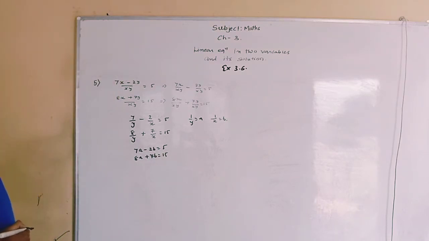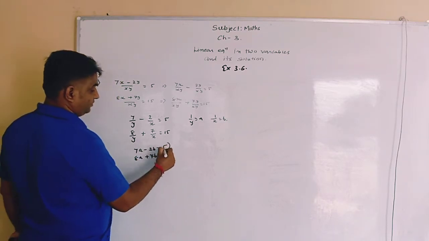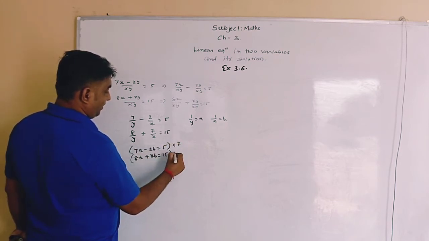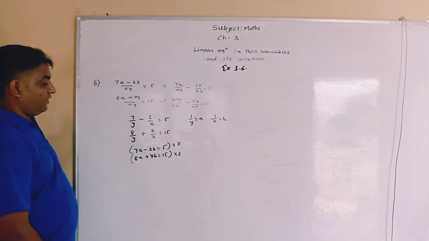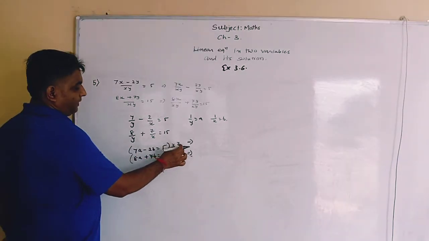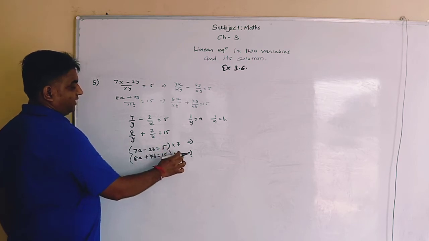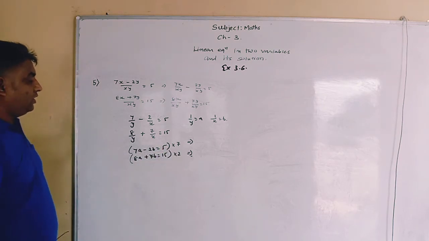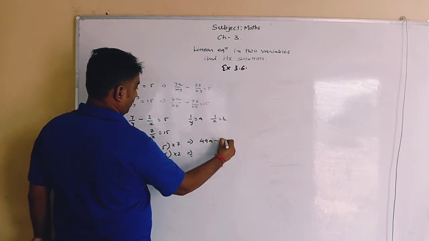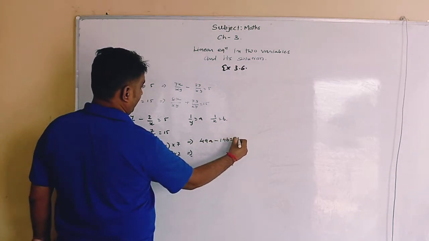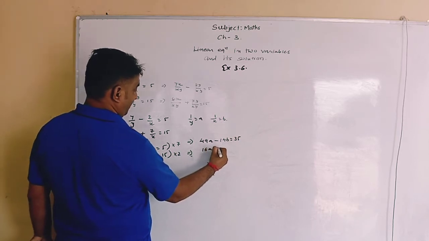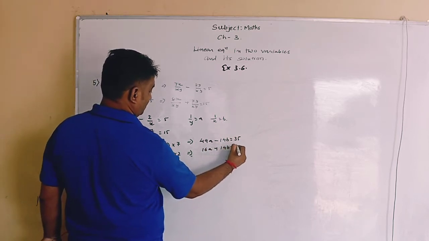So to eliminate b, multiply equation 1 by 7 and equation 2 by 2. Then 7 7s are 49a minus 14b equals 35, and here 16a plus 14b equals 30.